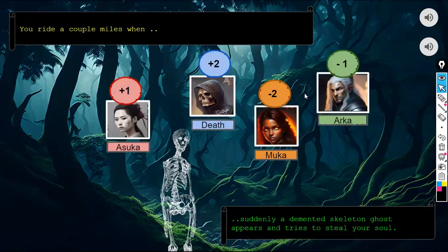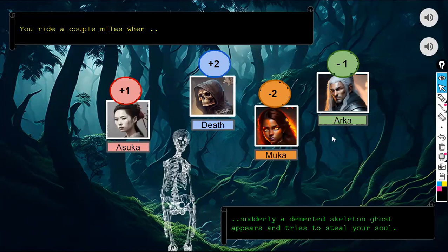This is the outcome. For people who chose Asuka, because of her fighting skills, you add 1 to your strength. Death, add 2 to your strength. Sorry, people with Muka, you have -2. Remember, everyone started with a strength of 2. And Aka, -1.